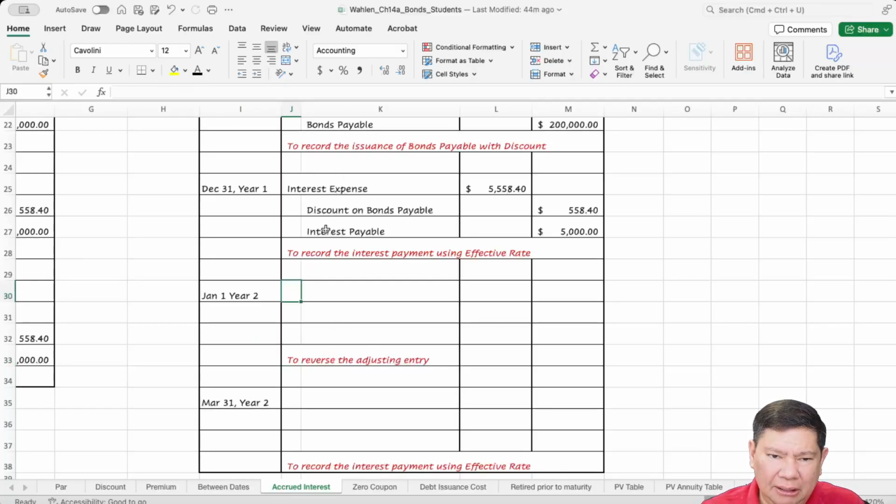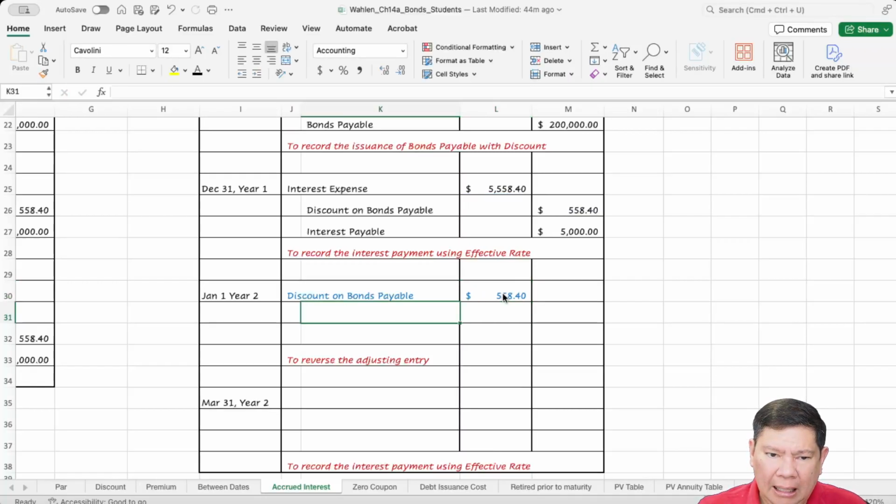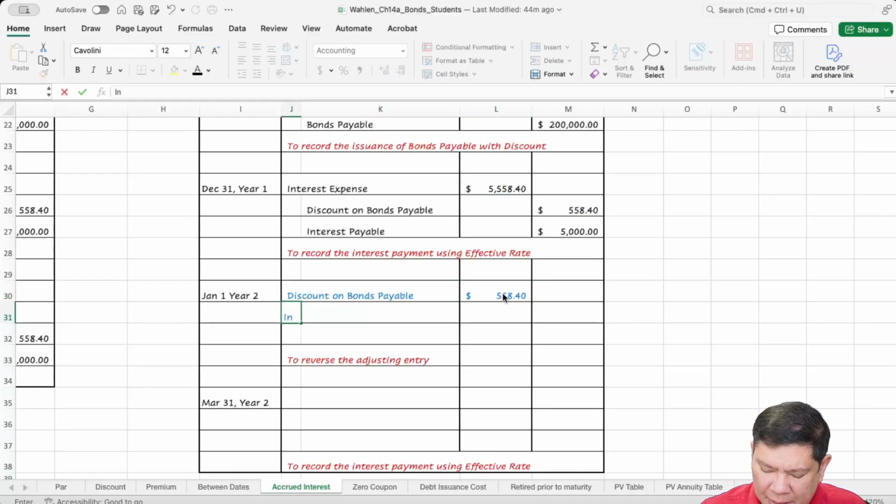Basically, we just reverse this. So discount on bonds payable, it was on credit, so now we put it on debit. And then interest payable, so they will cancel out.